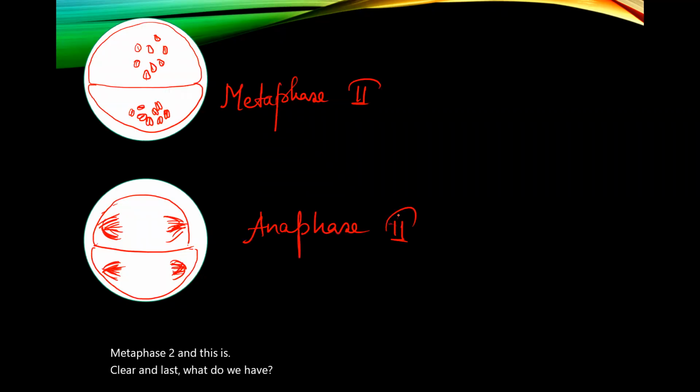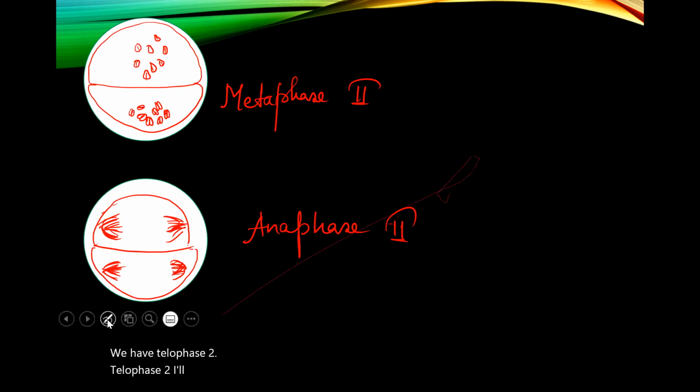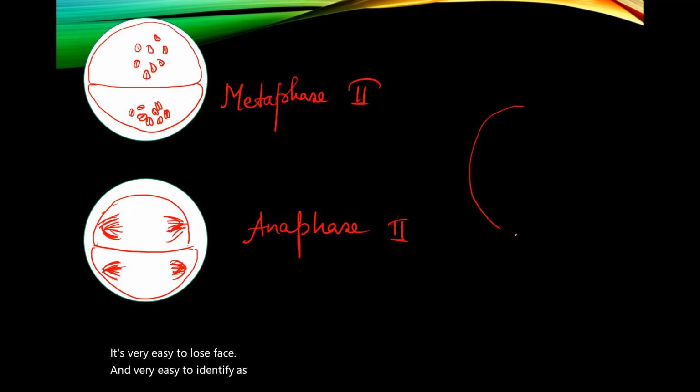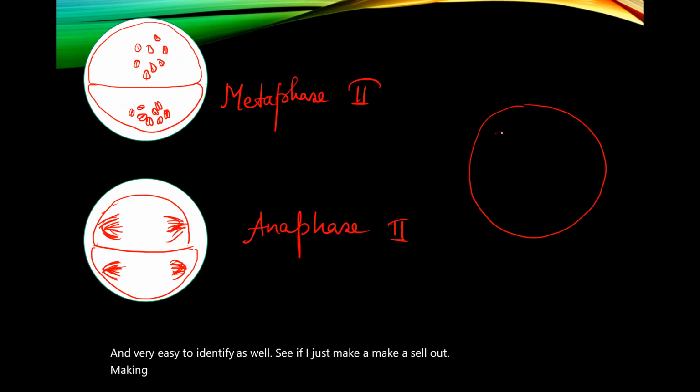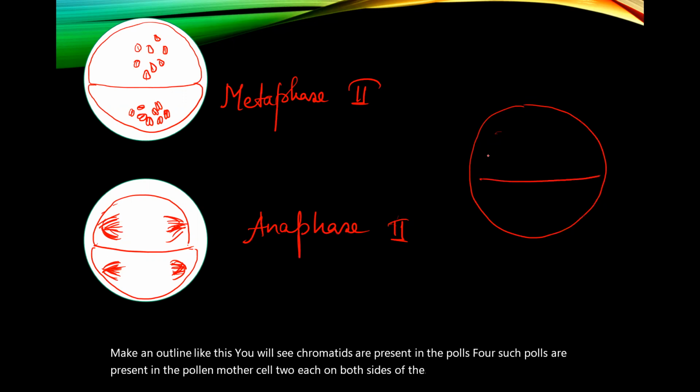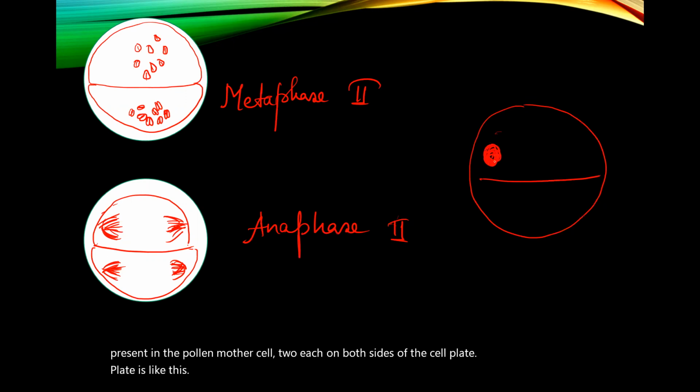And last, what do we have? We have telophase 2. Telophase 2, I'll draw here itself. It's very easy to identify as well. See, if I make an outline like this, you will see chromatids are present in the poles. 4 such poles are present in the pollen mother cell, 2 each on both sides of the cell plate. If the cell plate is like this, see, this is more nicely formed.